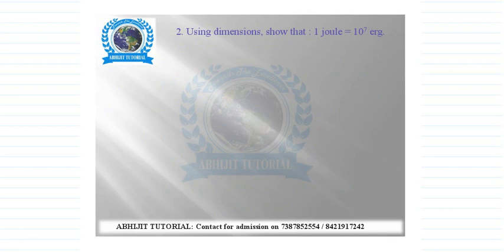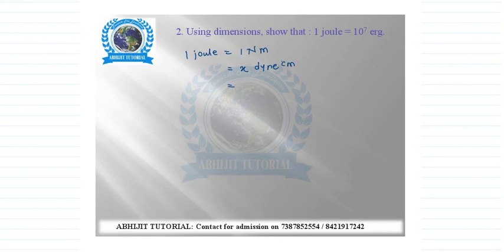So first we write 1 joule as 1 Newton meter, since we write energy as force into displacement, and we consider this as x dyne centimeter, and this dyne centimeter is nothing but the erg.